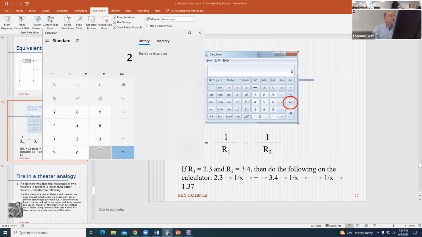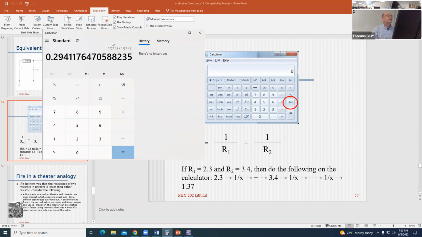And I'm putting in 2.3, my first resistor. And I'm going to hit the 1/x button. And then I'm going to add to that. And then I'm going to put in the 3.4. And I want a reciprocal of that.